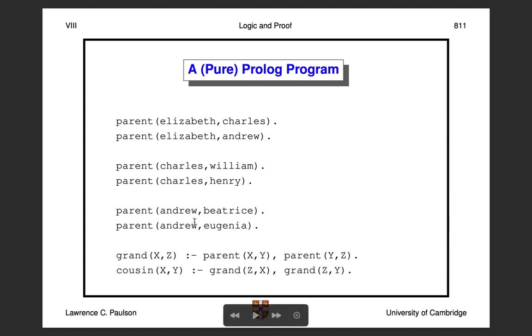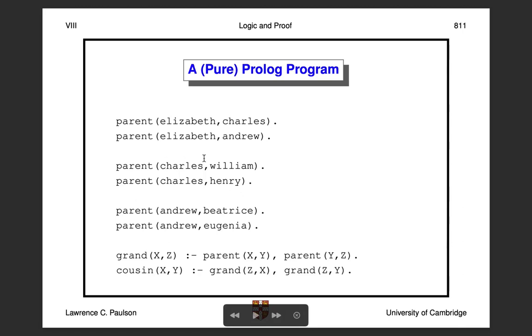We put in some facts. A statement in Prolog which is just a unit clause, especially if it is a ground unit clause, so no variables, is called a fact. So this fact is Elizabeth is parent of Charles, and this one, Elizabeth, parent of Andrew, although possibly she wishes she weren't.